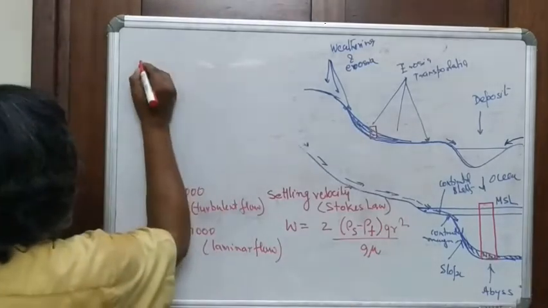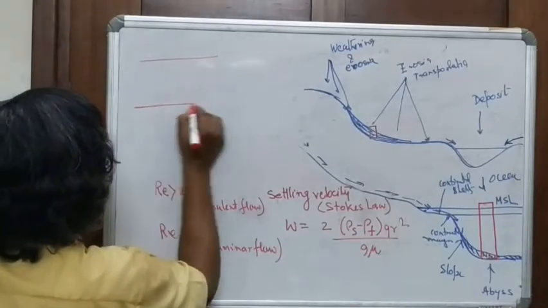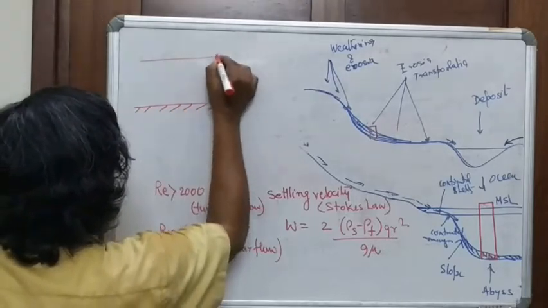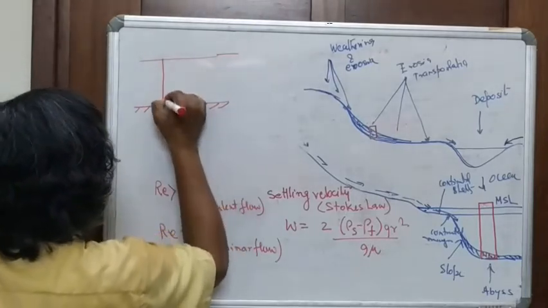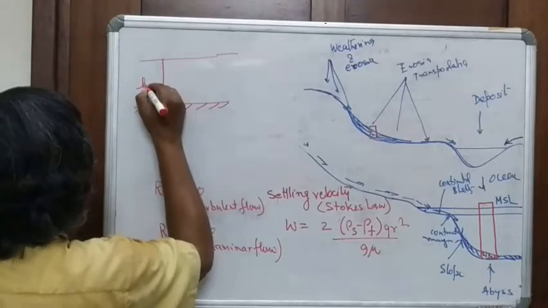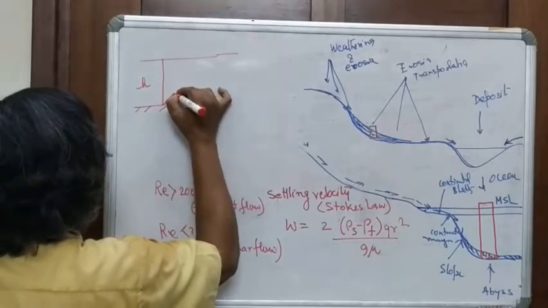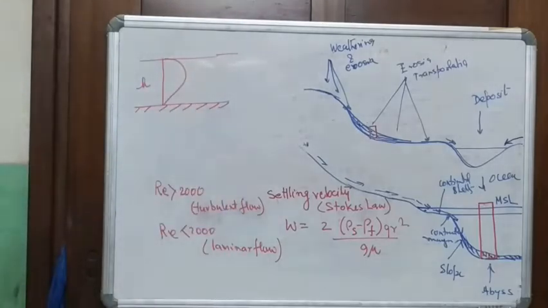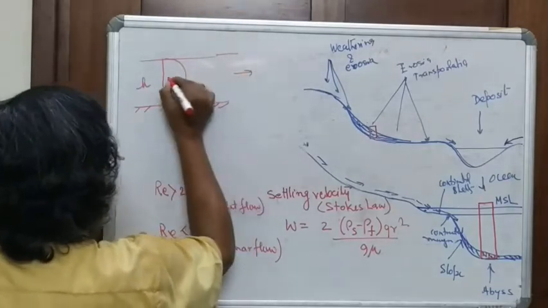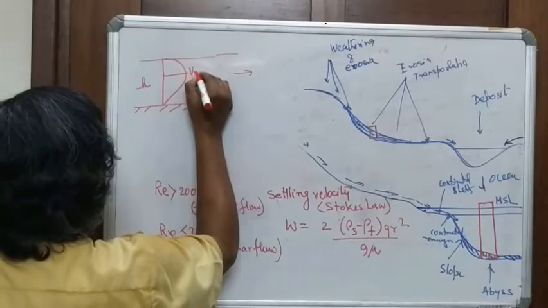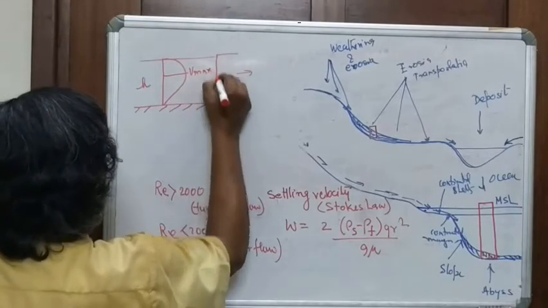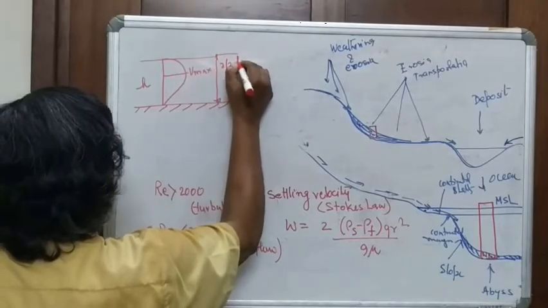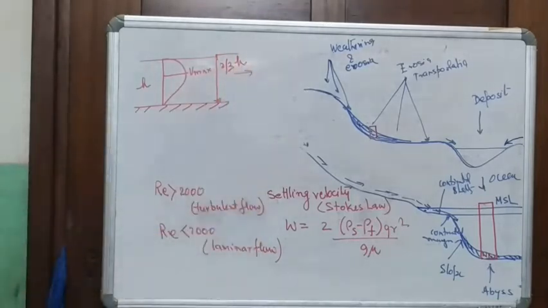Say if you take this the river and this the river bed, and this is, as I said, h, and this is the velocity profile of a river. This velocity maximum occurs at 2/3 h.